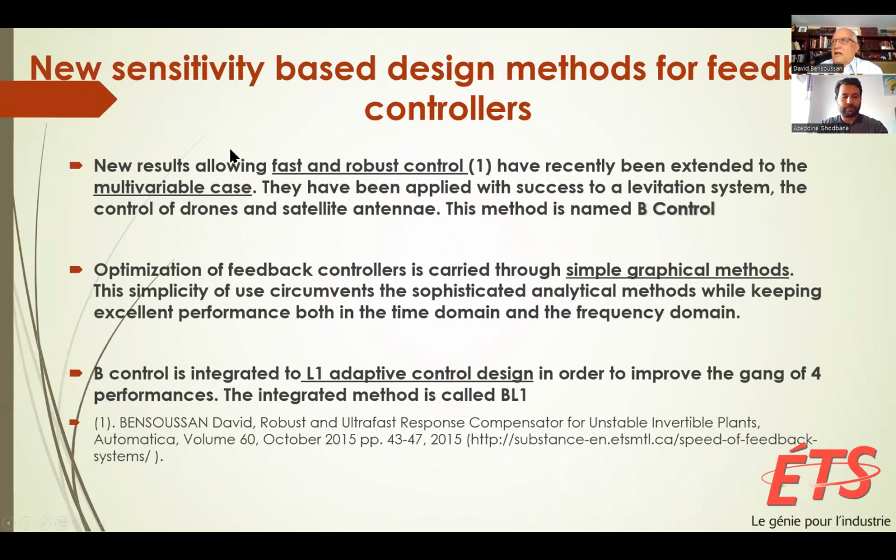The new results we have in robust control are quite innovative in the sense that they optimize both frequency response and time response. They allow to optimize both of them at the same time. They also use graphical intuitive methods so they can be tuned very easily. And we're going to see how to integrate this new B control to L1 control to have a new method of control called BL1.